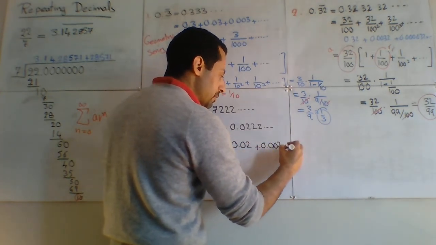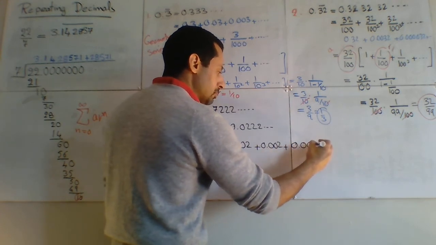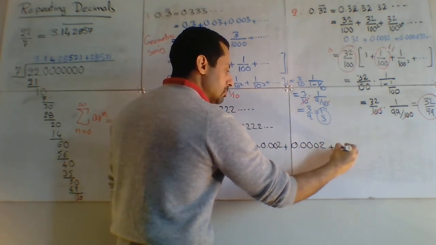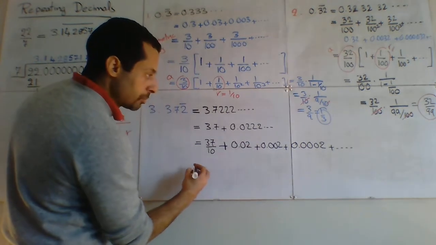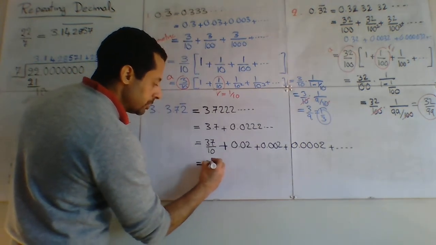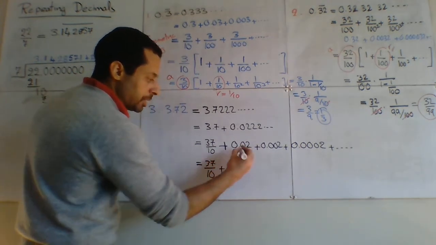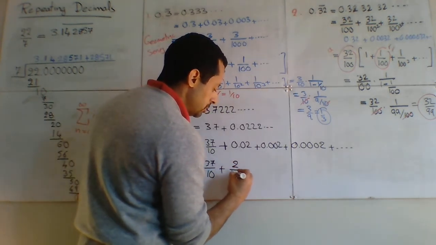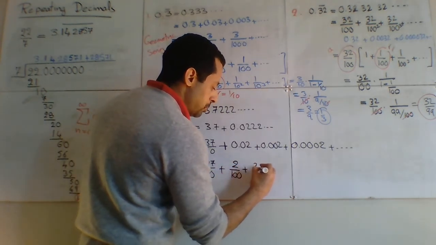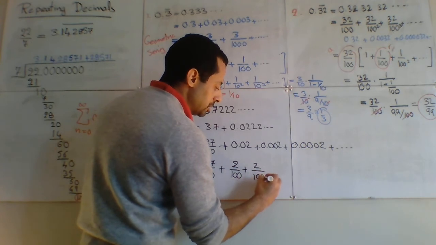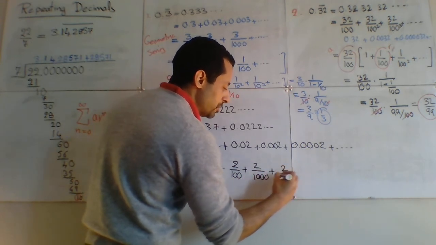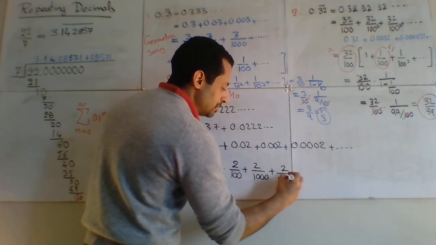That will give you the infinite geometric series. So you get 37 over 10, and this is 2 over 100 plus 2 over 1000 plus 2 over 10,000, etc.